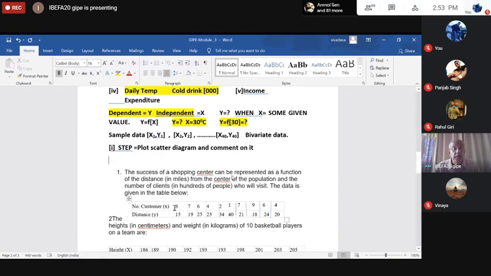So, let us make our class notation. Number of customers is Y and distance is X, because the number of customers who are coming to the shopping center depends on how much distance there is between their house and the shopping center.